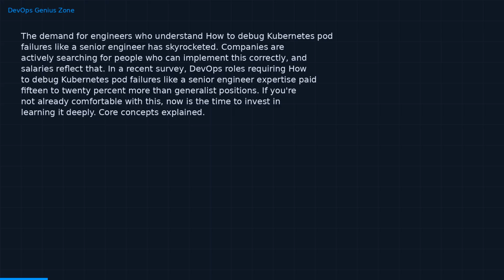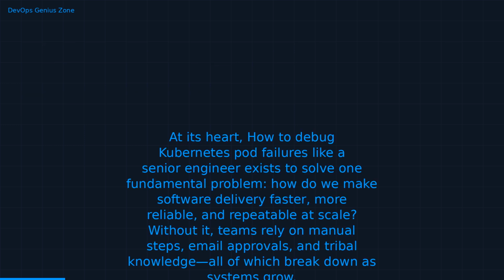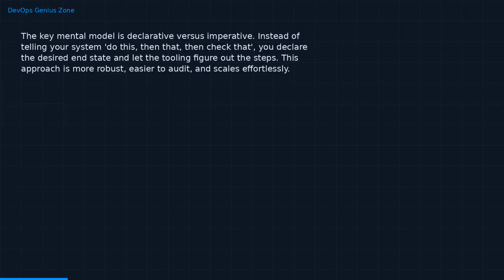How to debug Kubernetes pod failures like a senior engineer matters in 2025. Kubernetes automates deployment, scaling, and management of containerized applications. It is the industry standard for running cloud-native workloads at scale. The demand for engineers who understand how to debug Kubernetes pod failures like a senior engineer has skyrocketed.